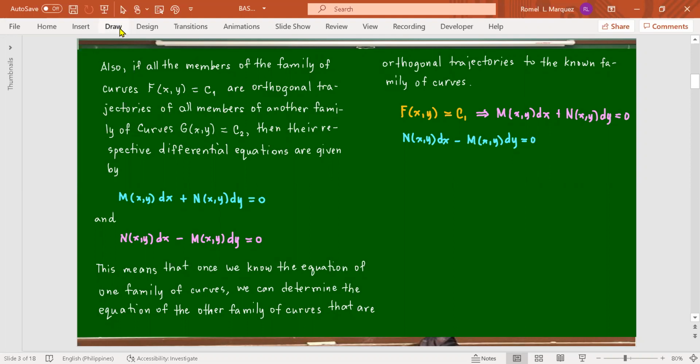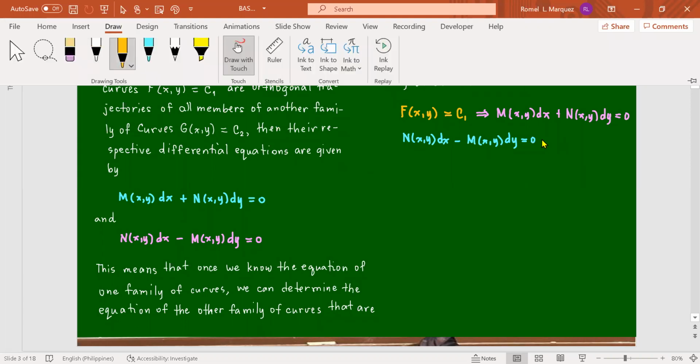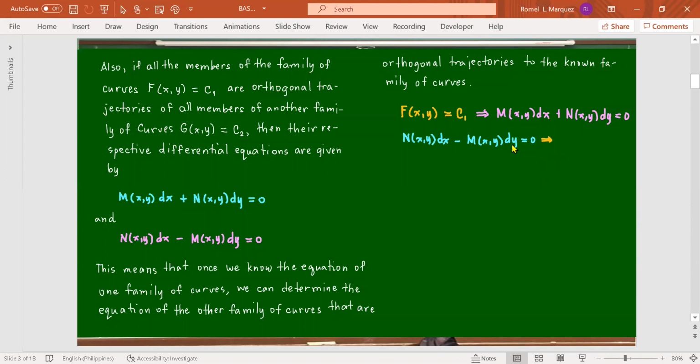And from here, we will be able to get, after solving this differential equation, the equation of the unknown family. That is G of x, y equals c sub 2. Okay, guys? Let us have some examples.